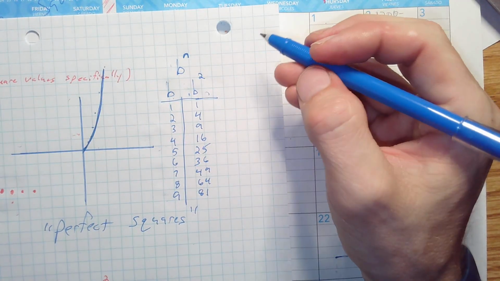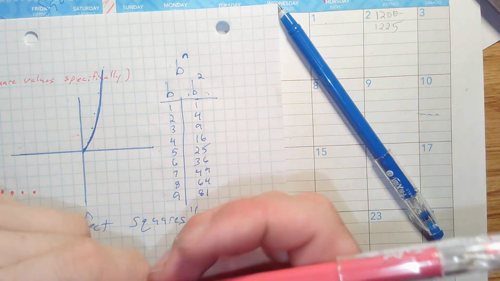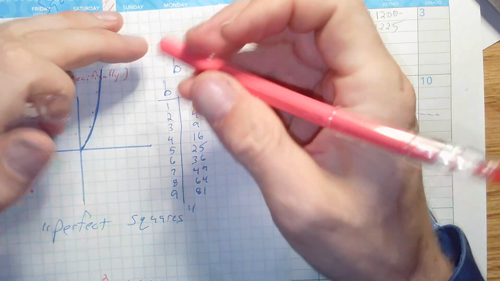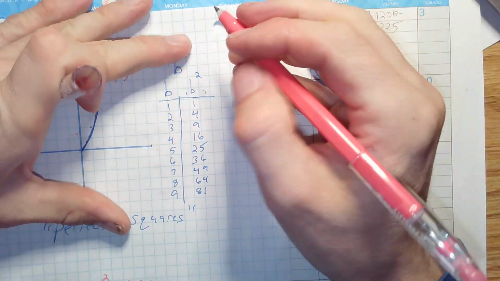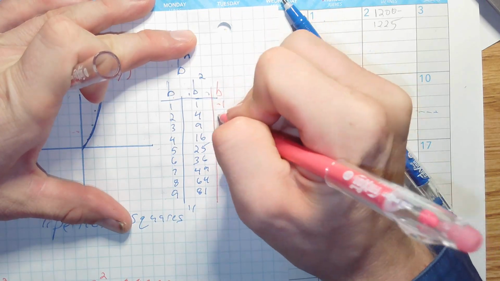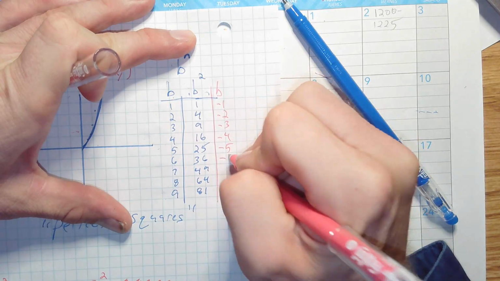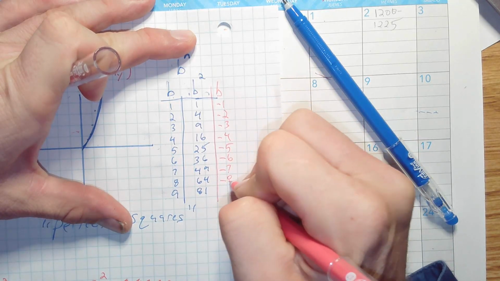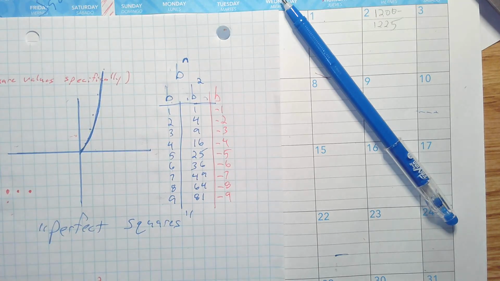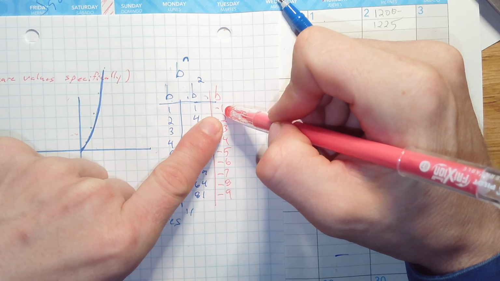But what happens if I do b is -1, -2, -3, -4, -5, -6, -7, -8, and -9? Well, something interesting happens. What's -1 times -1?